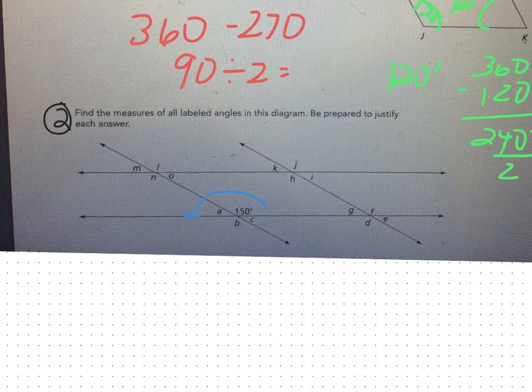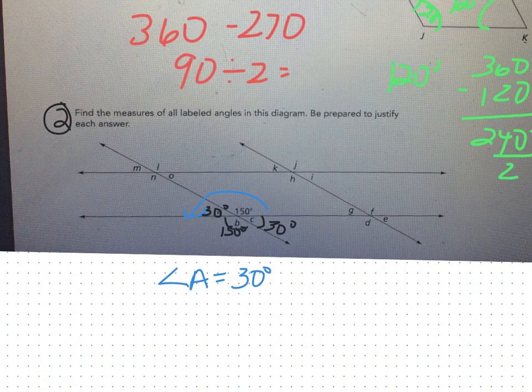So we're going to figure out that angle A equals 30 degrees, because 30 added to 150 is 180 degrees. And if A is 30 degrees, then angle C is its opposite, its vertical angle, which is also 30 degrees. And then angle B is vertical from 150, so angle B is 150 degrees.